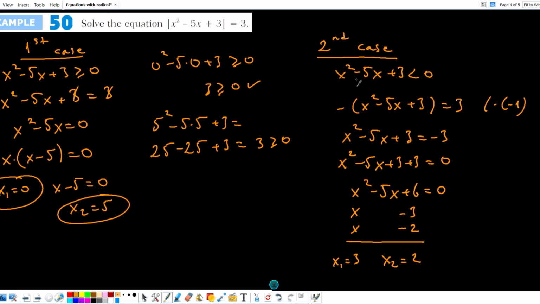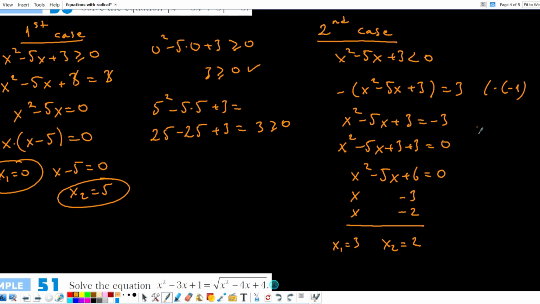Then I will check here if I have correct answers. So it will become 3 squared. I'm checking here. 3 squared minus 5 times 3 plus 3, so this is 9 minus 15 plus 3, so the result will be minus 6 plus 3, which is minus 3, which is less than 0, as we said in the beginning.